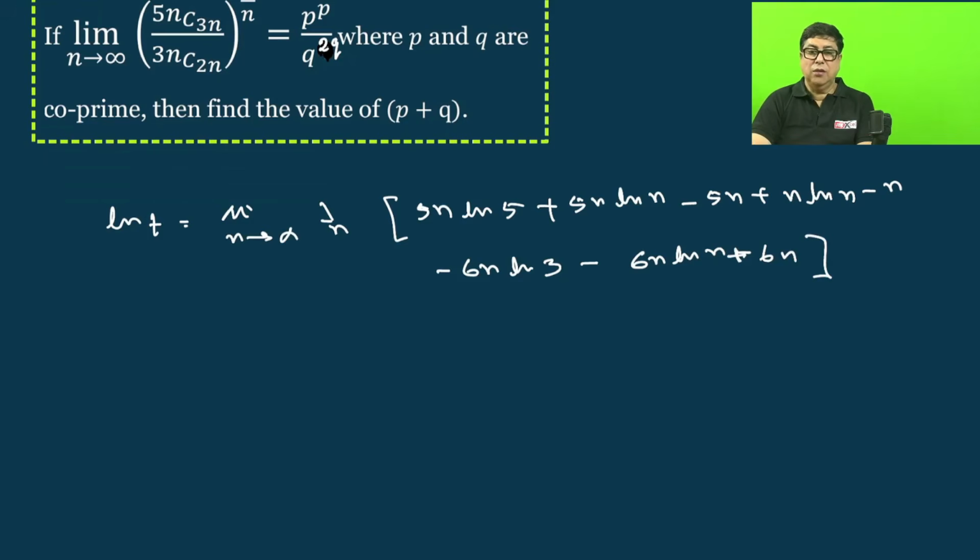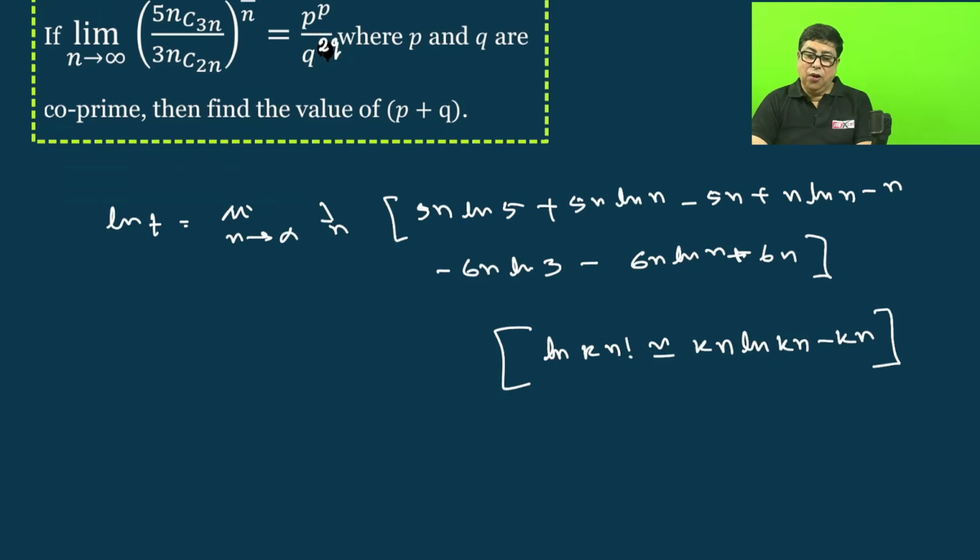So this is the calculation, and in short we can solve the sum. Once again, what we have done: for ln kn factorial I have used kn ln kn minus kn. Similarly, I am using it for 5n factorial, for n factorial, and the denominator is there. So it is log a minus log b calculation.